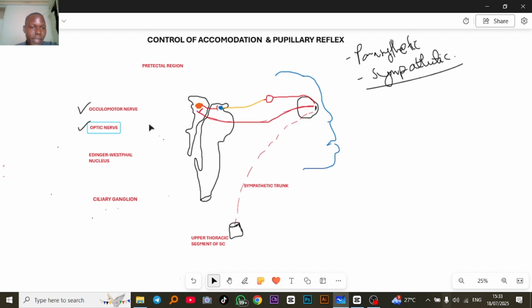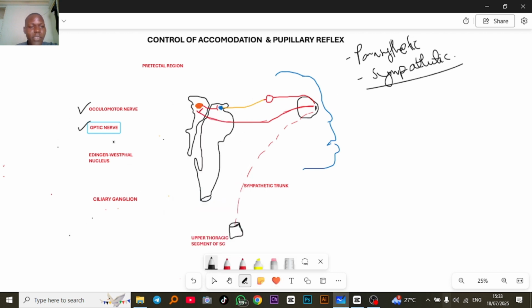we have to consider the efferent and the afferent. Afferent is what delivers information from the sensory organ to the brain region, which will be involved in the integration of the information, whereas the efferent will carry the information from the brain back to the sensory organ. So this has two components.